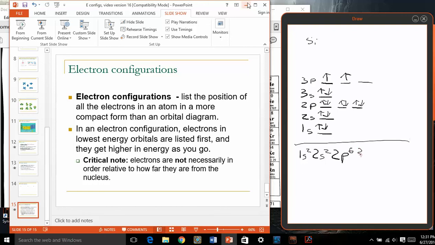In 3s, there's 2 electrons, and then in 3p, there are 2 electrons. So all of this orbital diagram becomes an electron configuration, which is quite a bit easier and faster to write.